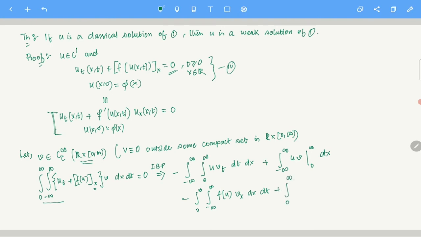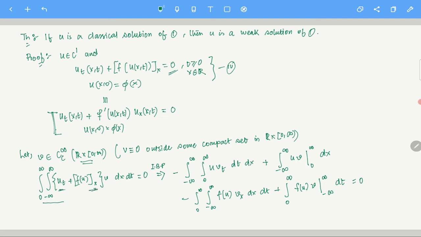The boundary term will be f of u times v between minus infinity and infinity, dt, and that is equal to 0. Clear? This is just integration by parts in one dimension. I'm not doing anything, so one by one: first this expression, and then this expression.